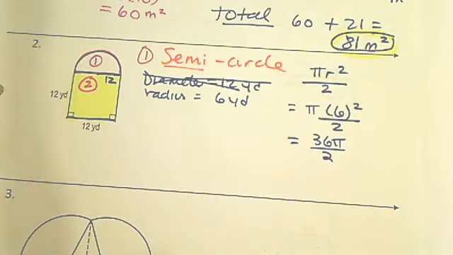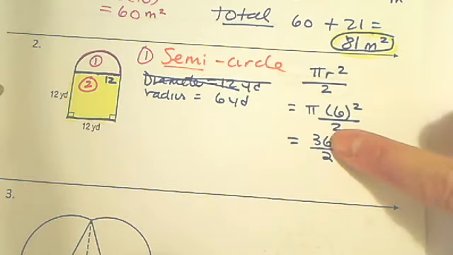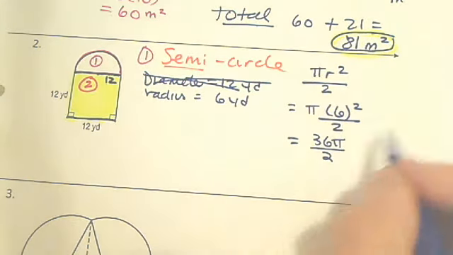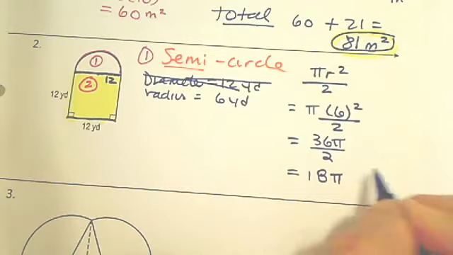If I cover up that pi, what's half of 36? Excellent, 18. So then I have 18 pi.